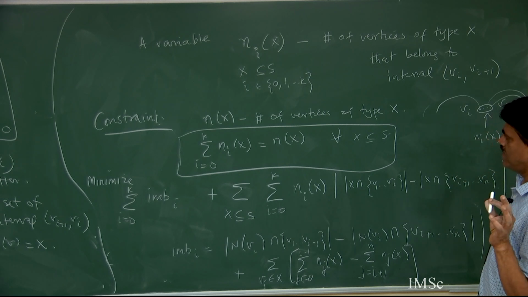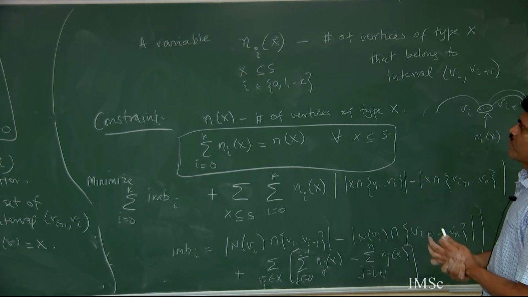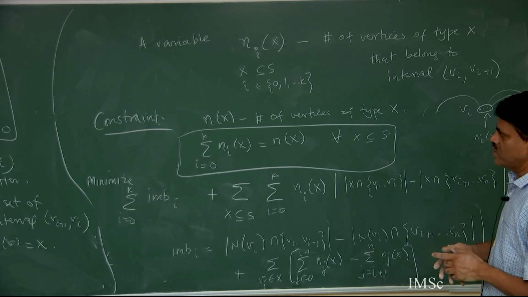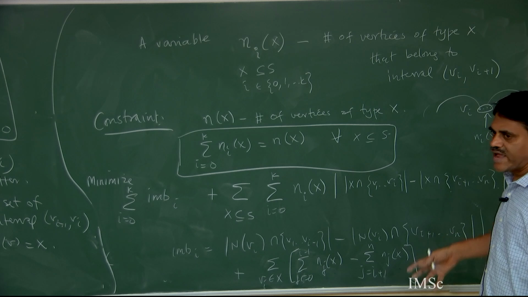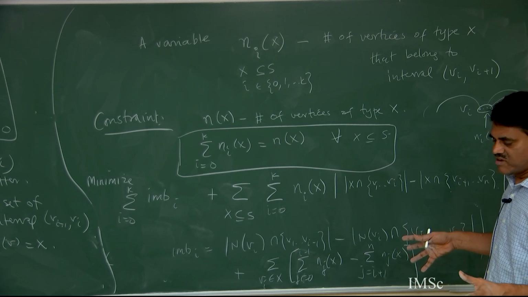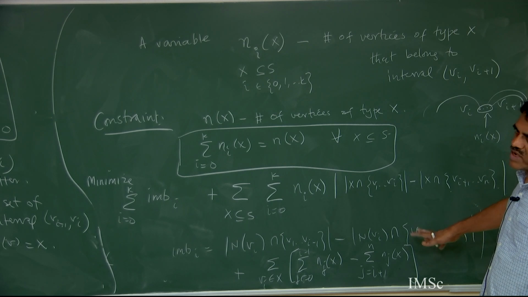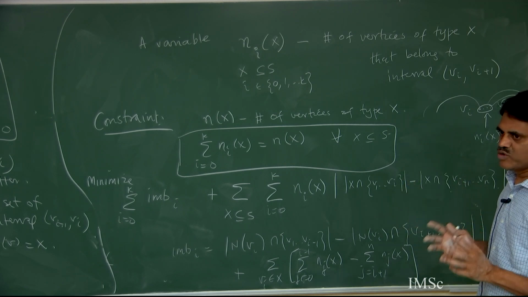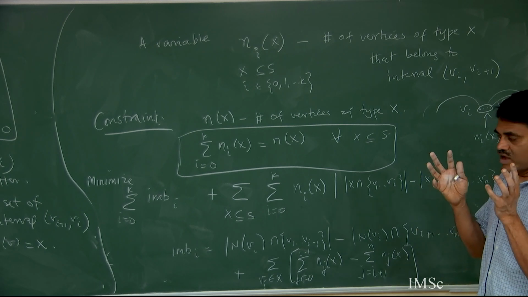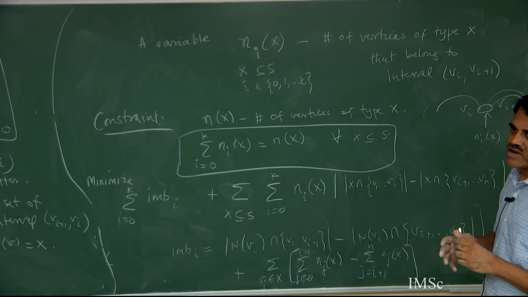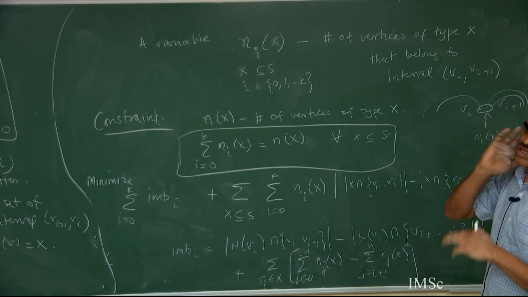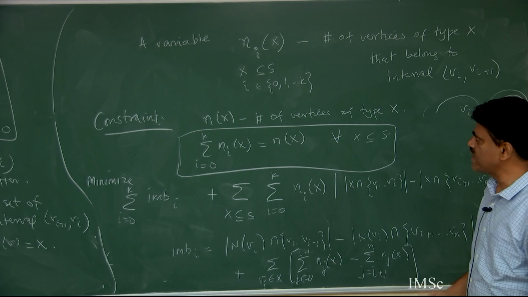Net, we have formulated the problem. It just boils down to, there are these 2 power k types of vertices, right? The number of vertices is like n minus k, but really they are of only 2 power k equivalence classes, and I have to place them in the k intervals. How many of each type goes in which interval is what I really care about.